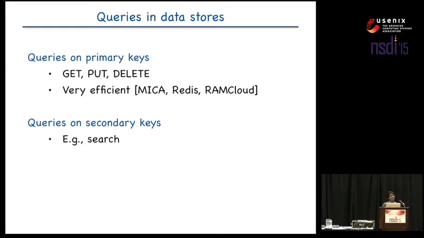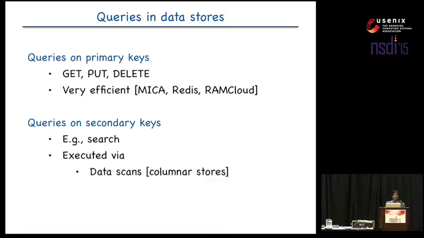Typically, if you look at these data stores, Cassandra, MongoDB, or Elasticsearch, these queries on secondary keys will be executed via two main techniques. The first technique is data scans, and columnar stores like Vertica or SAP HANA execute these queries via data scans. The second technique is so-called indexes.